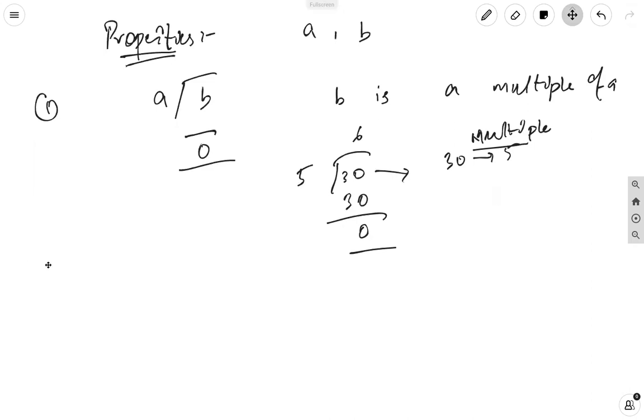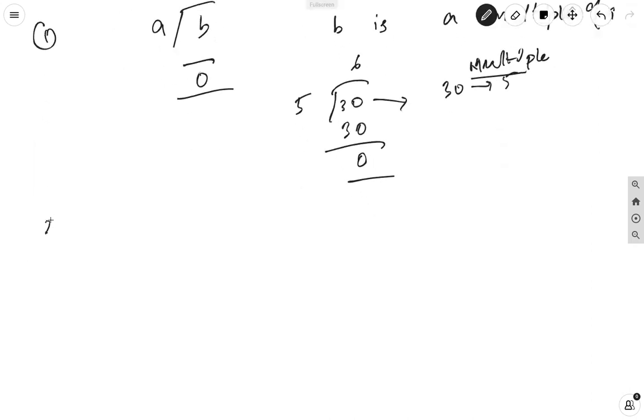The next one is, in case we have a dividend less than the divisor. For example, if we divide b with a and b is less than a, in that case, a will go 0 times and the remainder will be b itself.